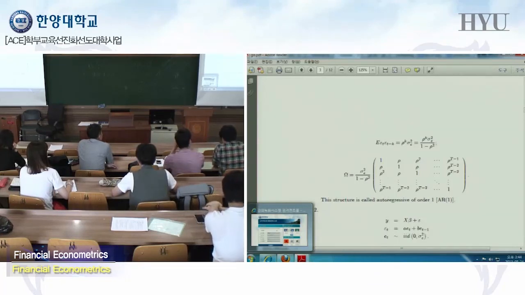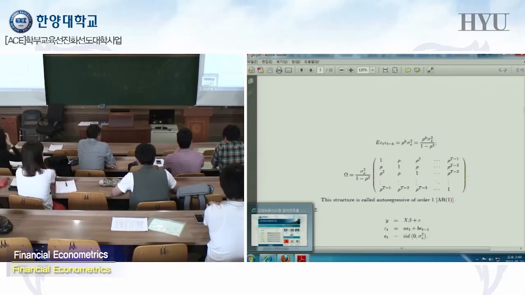So the omega matrix should look like this. We have a special name for this kind of variance covariance matrix, and this structure is called autoregressive of order 1, or simply the AR1 model. Okay? So this type of model is called the AR1 model.